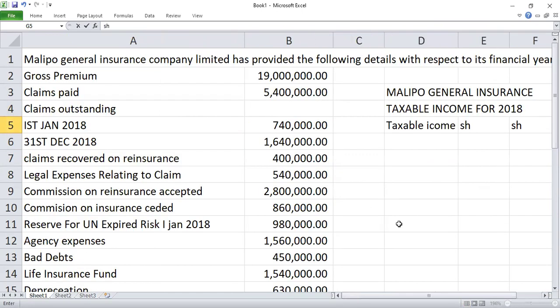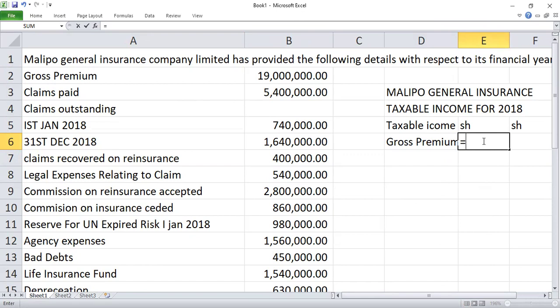The first thing we start with is the first income, which is the gross premium that I'm highlighting here. So I can say it's equal to gross premium.